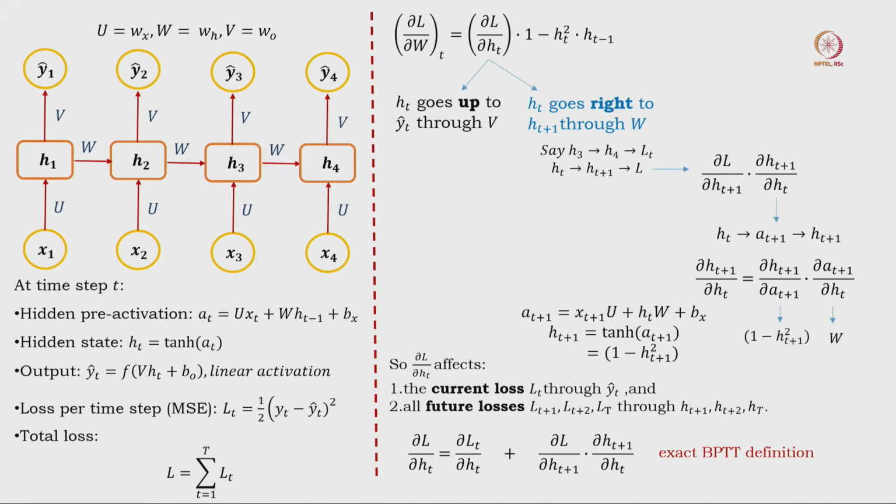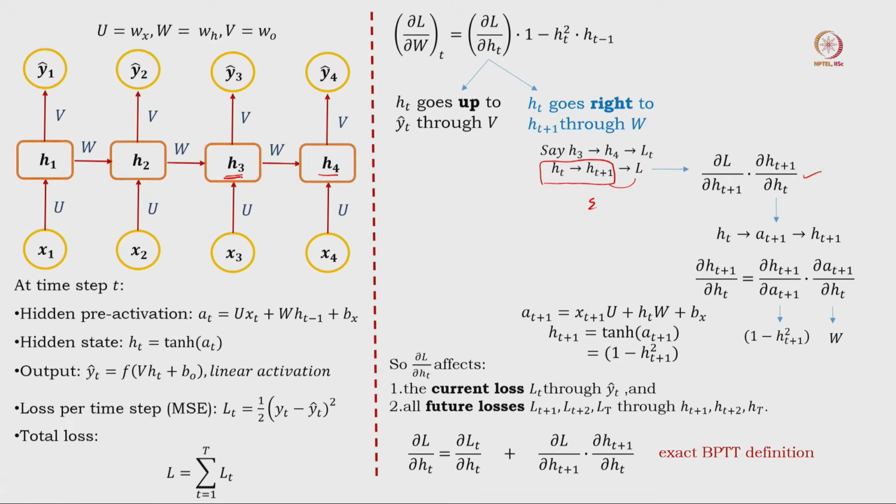Now, the second, which is going right. How can you calculate what is going right? It is from H3 to H4. How can you write H3 to H4 and then to loss? You can write H3 as H_t, H4 as H_(t+1), and the loss. Using the chain rule, you write it in this way. Then between these two terms you have a summation also.